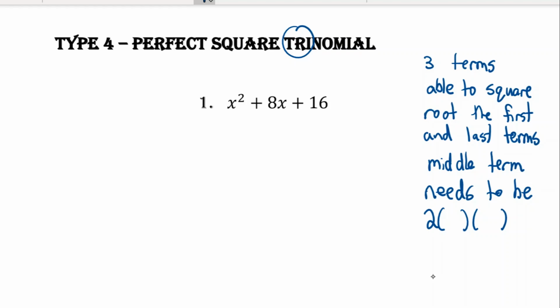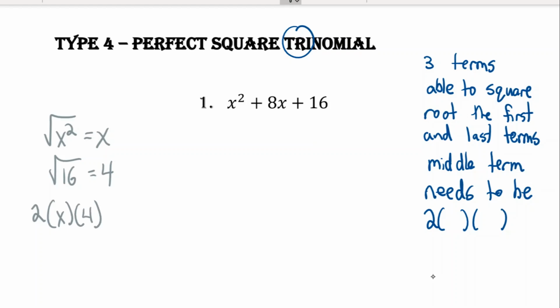So let me kind of show you that. With these, I notice there's 3 terms, and then I'd start square rooting. So I can square root my first one, I get x. I can square root my last term, and I get 4. So this is telling me, okay, it might be a perfect square trinomial. Now I need to check to make sure my results times 2 is the middle term. So in this case, 2 times 4 is 8 times x.